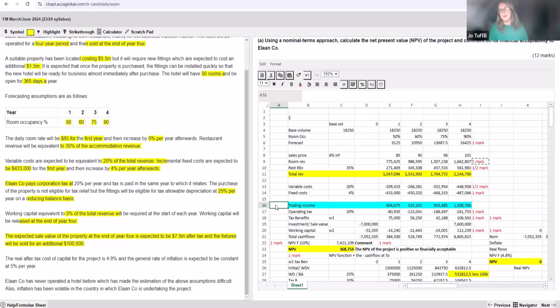So if you didn't have working capital, it would be 10 marks, for instance. Yeah. If you didn't have to inflate those fixed costs, another mark would have gone. Yeah. So it's actually better to have a lot in one question because you're building up lots more marks, I think, personally. Yeah, and it needs practicing.